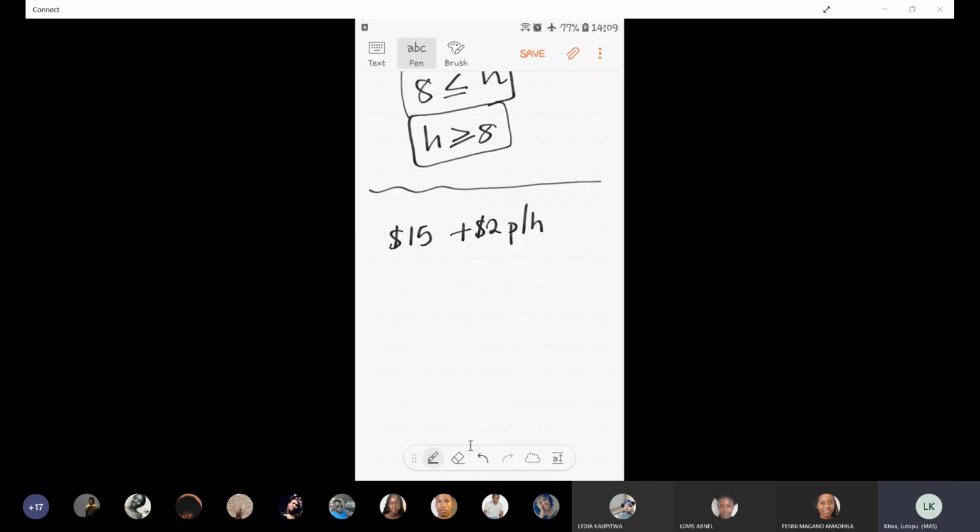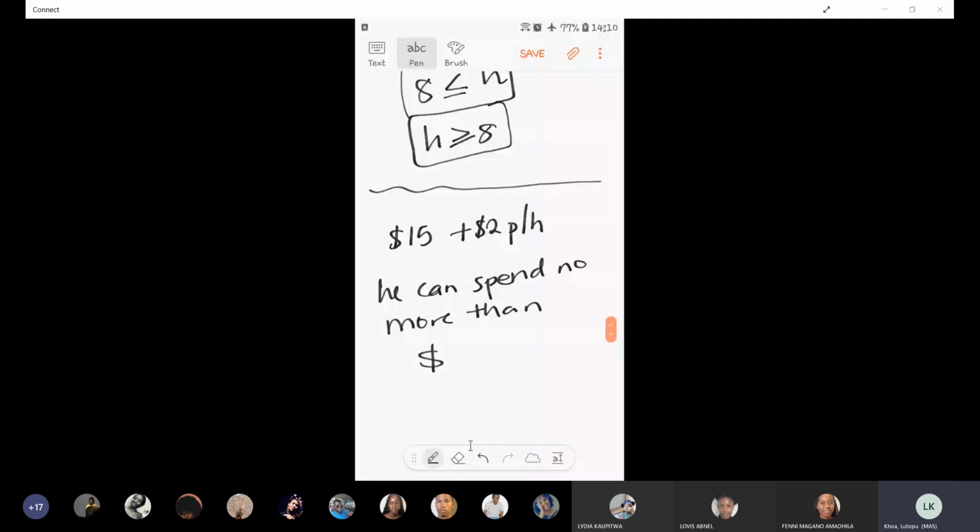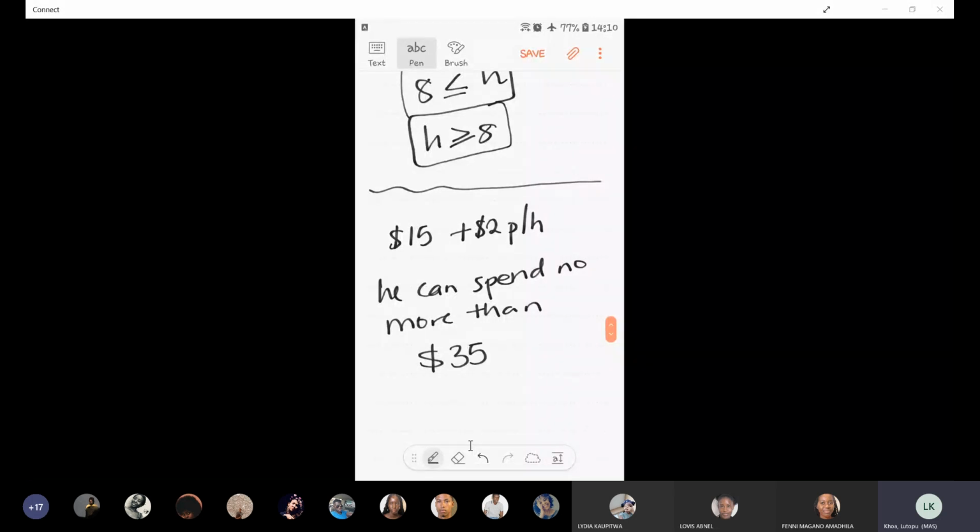Now, in the question, it says Ali can spend no more than $35. Now the question is, what is the maximum amount of time he can use the rented chainsaw? So the first thing to do here is to understand what it means that he can spend no more than $35.